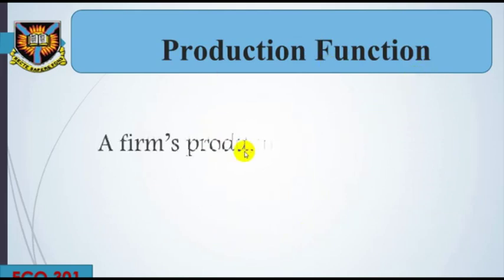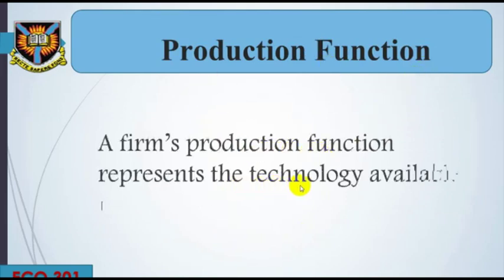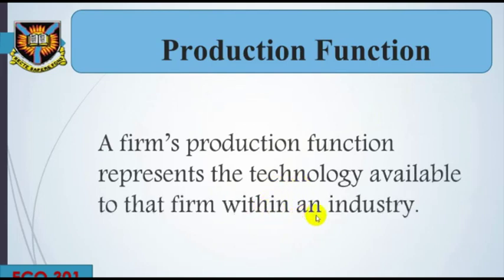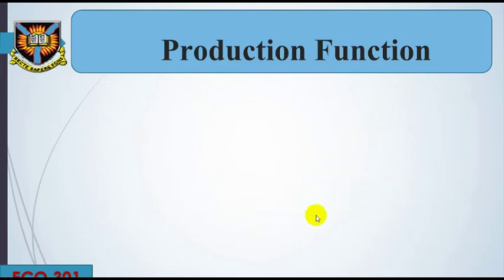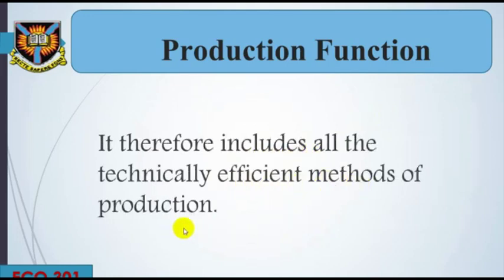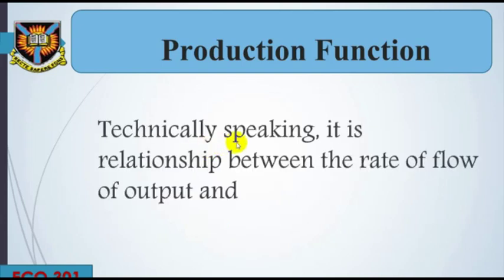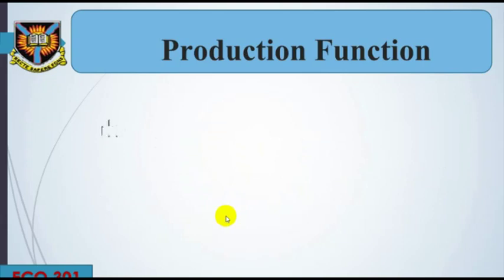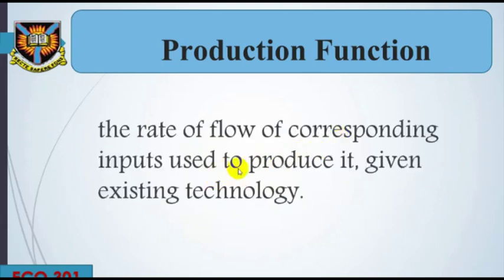A firm's production function represents the technology available to that firm within an industry. It therefore includes all the technically efficient methods of production. Technically speaking, it is the relationship between the rate of flow of output and the rate of flow of corresponding input used to produce it, given existing technology.